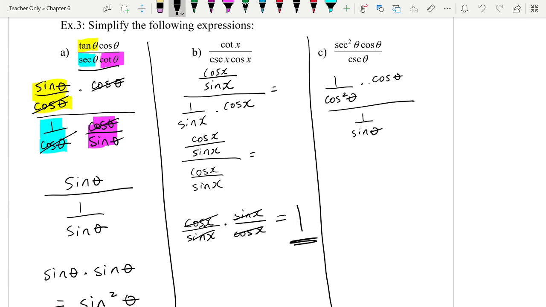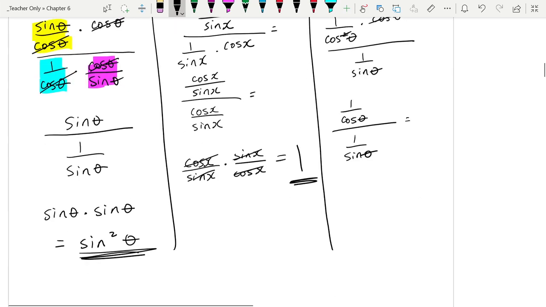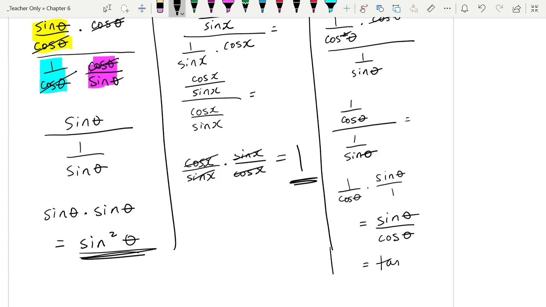Well, this cosine cancels that squared and gives me 1 over cosine divided by 1 over sine. And again, in fractions, instead of dividing, you can multiply by the reciprocal, which is sine over cos, which simplifies to, what's sine over cos again? Tangent.